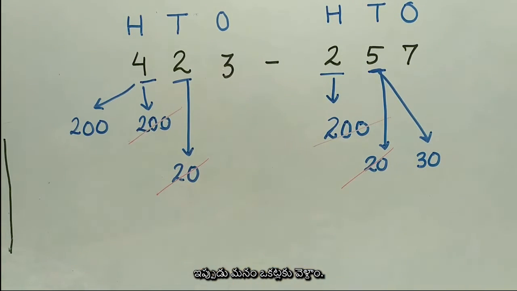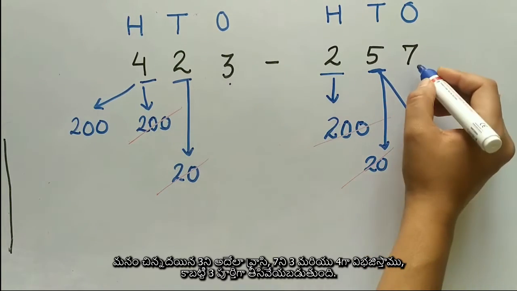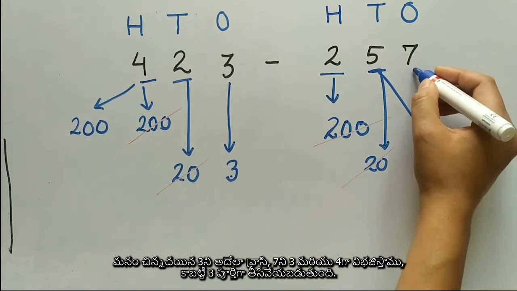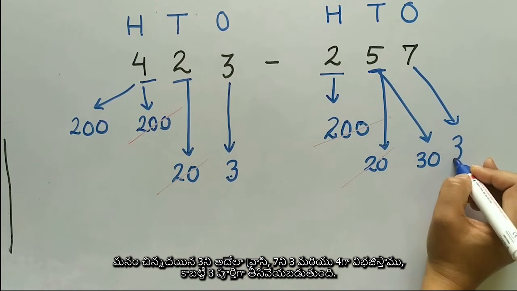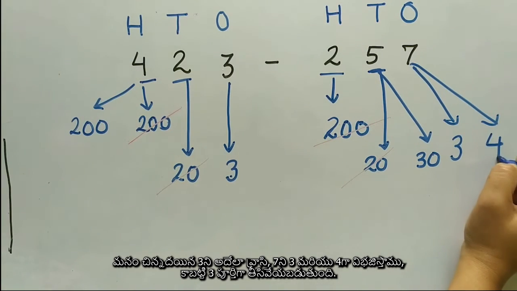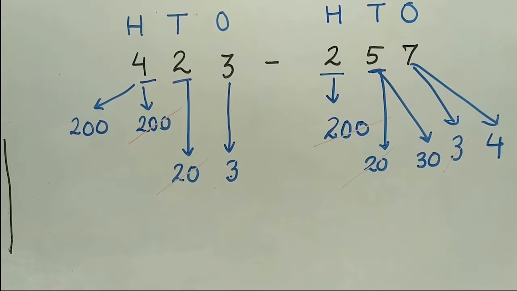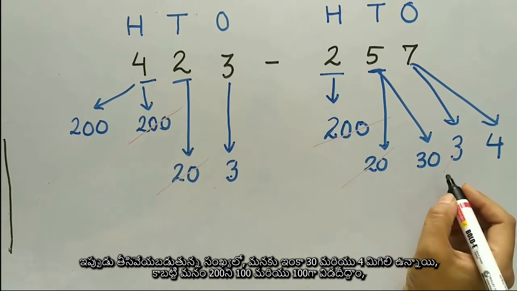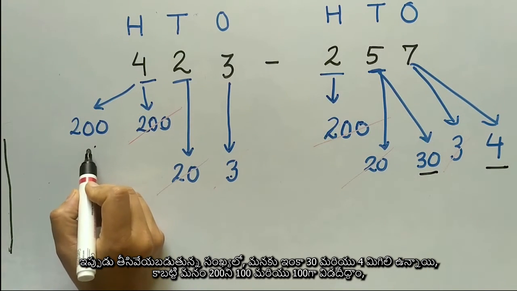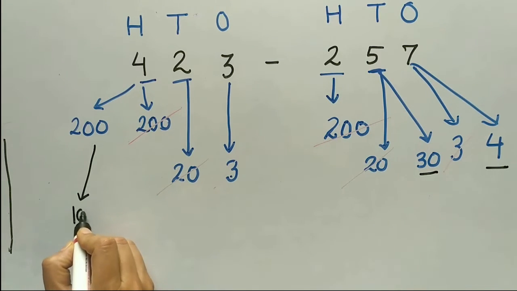Let's move to ones now. 3 and 7. We'll write the smaller one, 3, as it is and break 7 into 3 and 4. So 3 gets subtracted fully. Now in the subtrahend, we are still left with 30 and 4. So let's break 200 into 100 and 100.